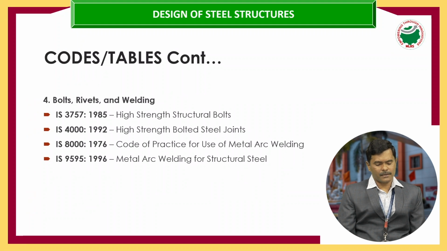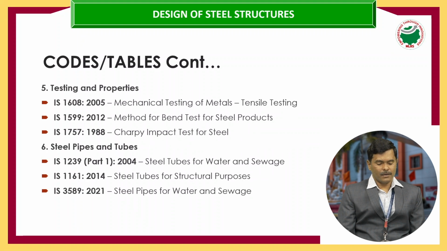And for bolted, riveted and welded connections: generally structural steel members are assembled and connected by means of connections like bolts, rivets, and welding. For that we need to follow codes like IS 3757, IS 4000, IS 8000, IS 9595. For testing and properties, we have IS 1608, IS 1599, IS 1757.